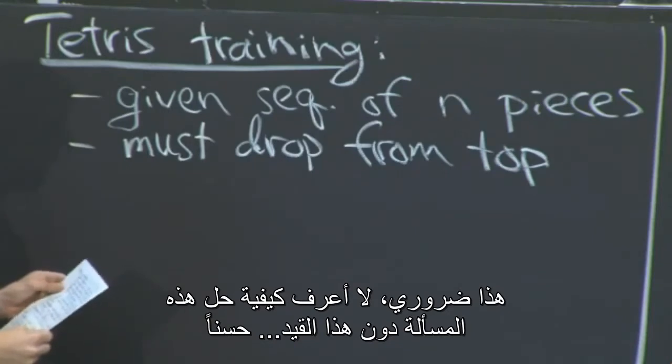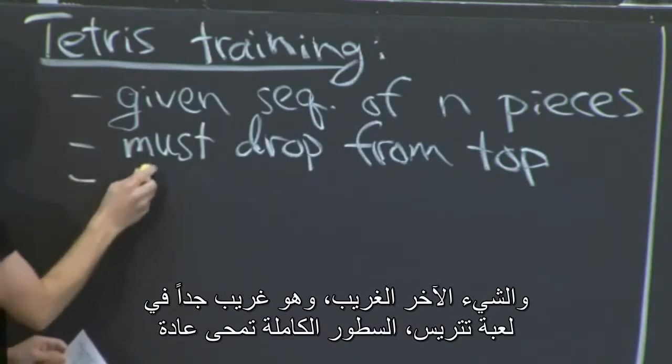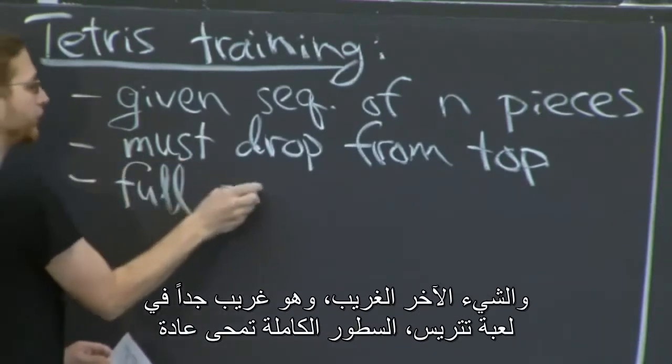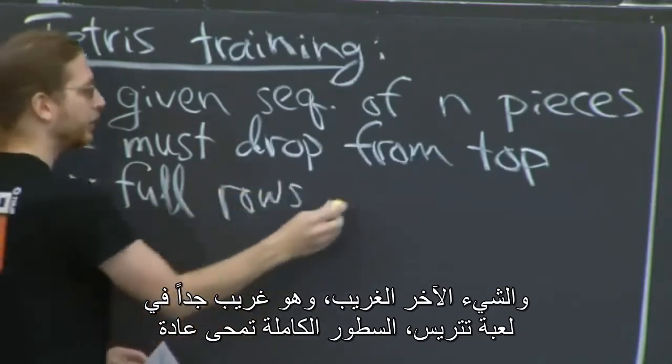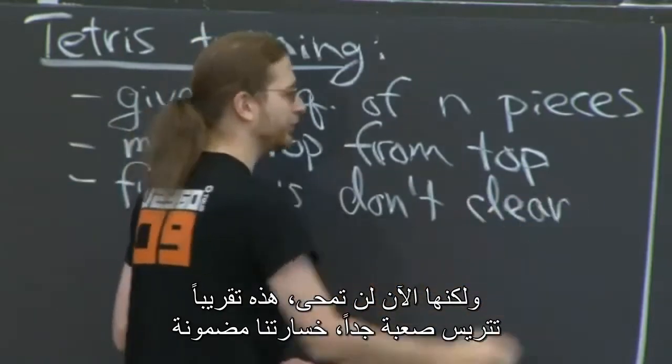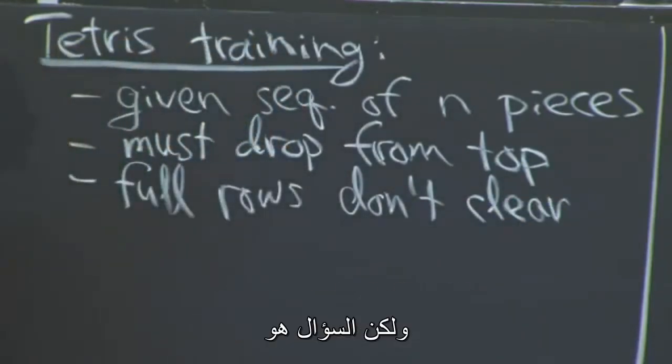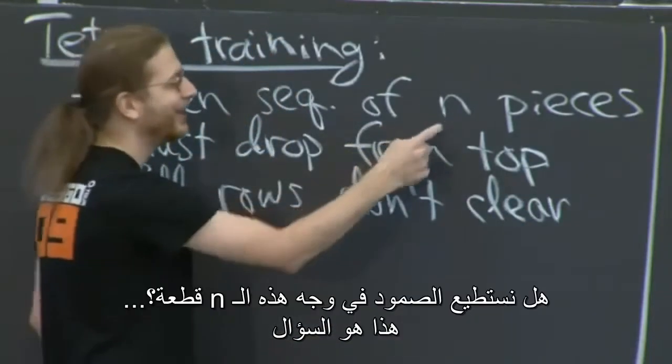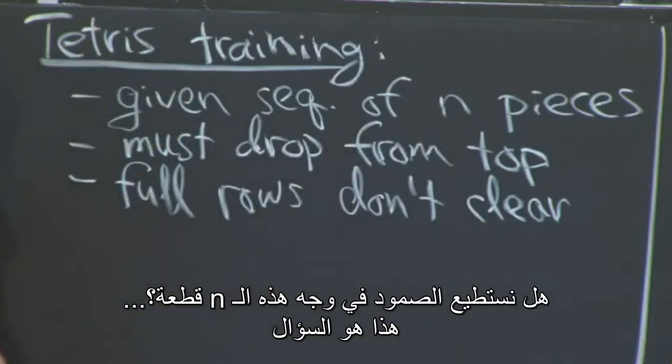And then the other weird thing: full rows normally clear, but now they don't clear. This is like hardcore Tetris. You're guaranteed to die eventually. The question is, can you survive these n pieces?